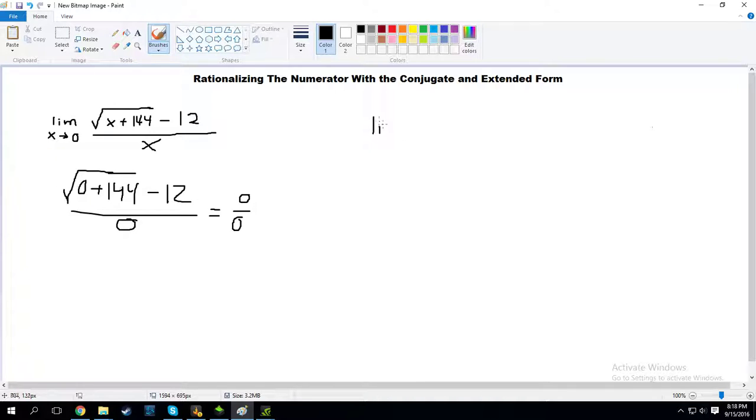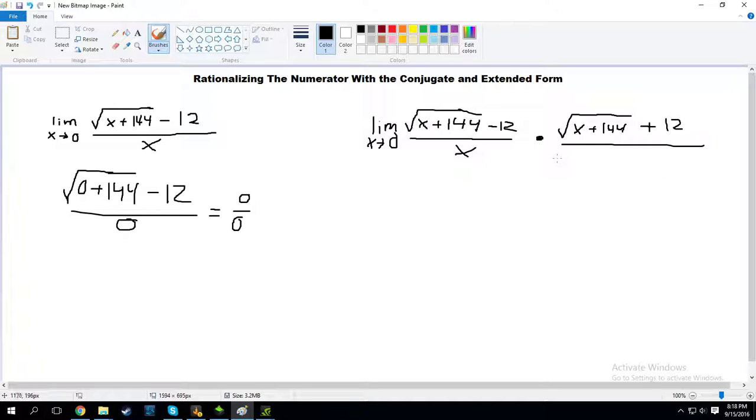So what we're going to do here is, as x approaches 0, the square root of x plus 144 minus 12 over x is going to be multiplied by its conjugate, which is really just the same as the numerator, only with a reversed sign outside of the radical. So instead of negative 12, it's going to be plus 12.